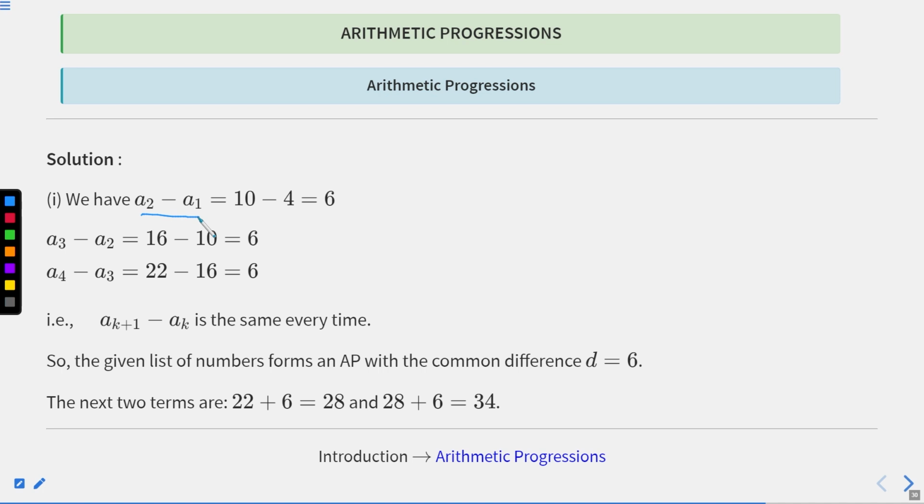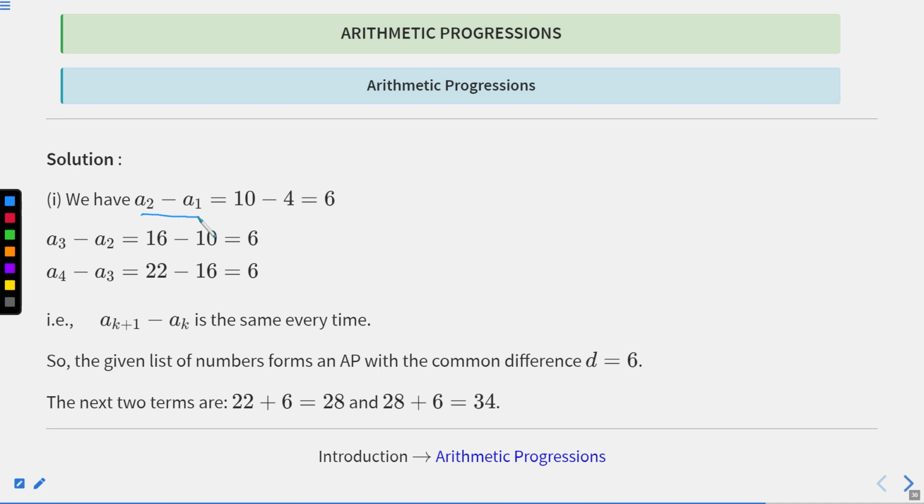A4 minus A3 is equal to 22 minus 16, and this is equal to 6. That is, if we take the difference A(k+1) minus A(k), it is the same every time. So the given list of numbers forms an AP with common difference D equal to 6.